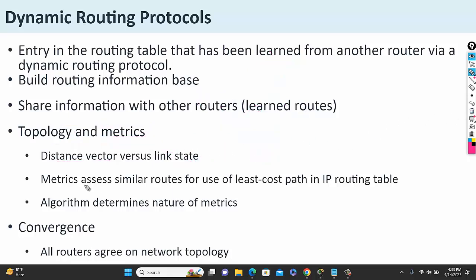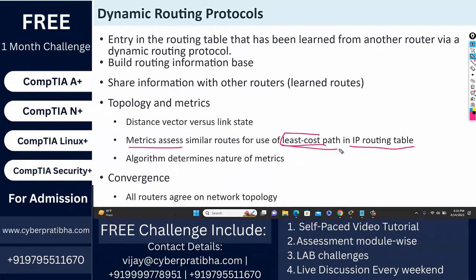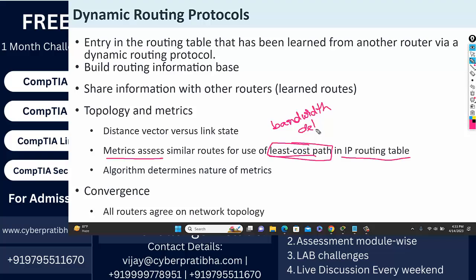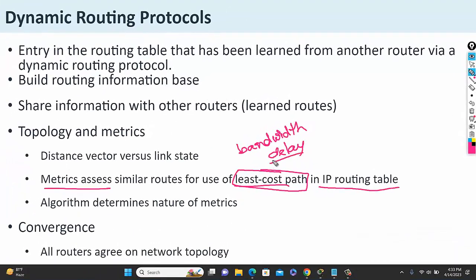There is some other information, like metrics, to access similar routes and use the least cost path in the IP routing tables. What is the cost? Cost is the combination of the bandwidth and the delay of forwarding the packet.